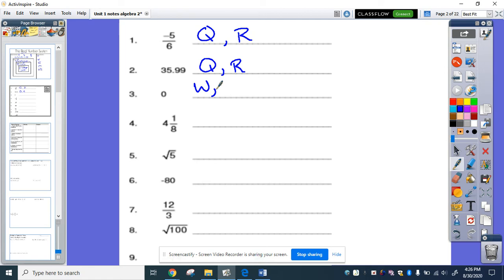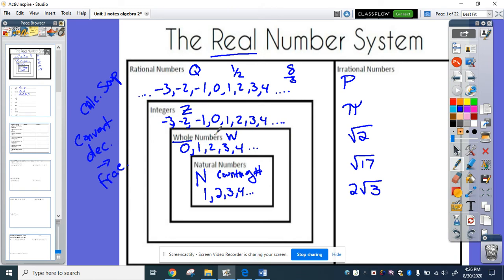That means 0 is also going to be part of my integer set. If it's part of the integers, it's part of the rationals. And if it's part of the rationals, it's part of the reals. So if we go back and look, part of the wholes, part of the integers, part of the rationals, part of the reals. And I think I forgot to mention real gets denoted with an R.